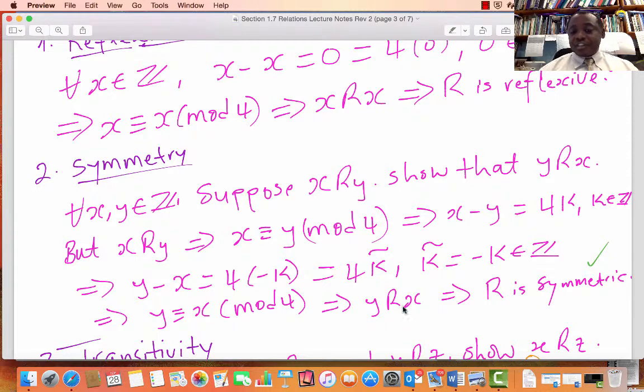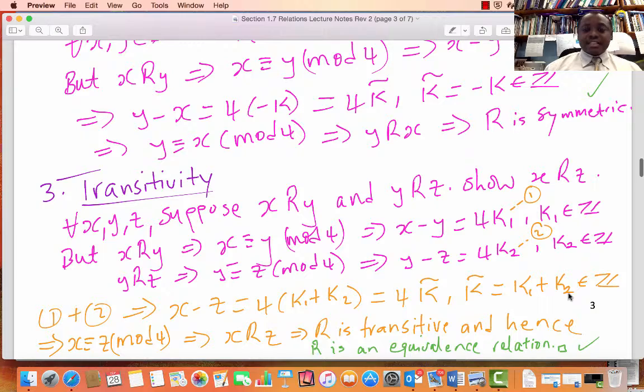And by the definition of our relation R, that means y is related to x. We started with x related to y, and we just proved that y is related to x, and that means our relation R is symmetric. 2 down and 1 to go.